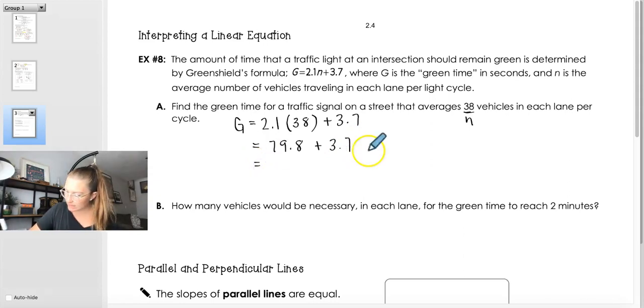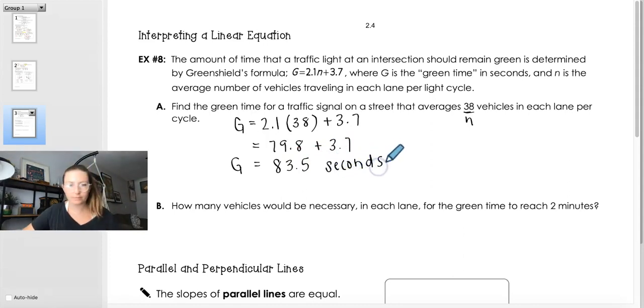Okay, and if we add these together, that's what, 83.5? Yep, 83.5. This is my green time. Sorry if you can hear the landscapers outside. And for green time, you need to put your units, so green time is in seconds.